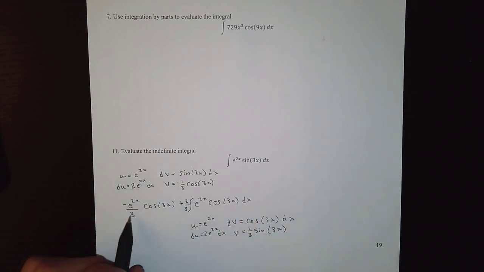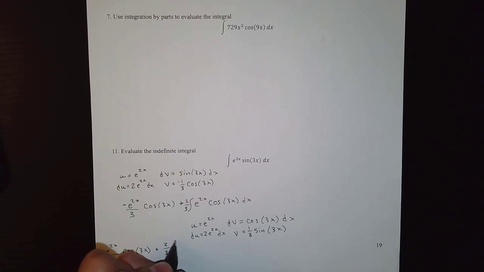And so if we bring down what we have, negative e to the 2x divided by 3 times cosine of 3x plus 2/3 the quantity uv again, so we have e to the 2x divided by 3 times sine of 3x.